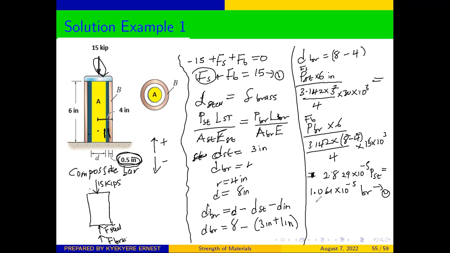And from there, the value for F steel, which is the same as P steel, will be equal to 4.1 kips. Sorry, it's just 4.1. The value should be 4.1 kips.